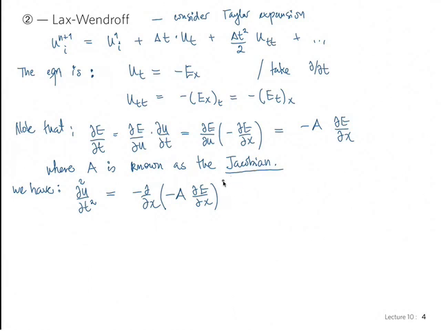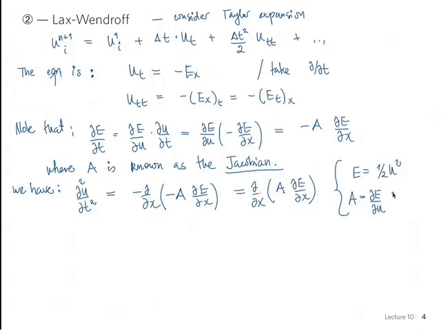Okay, of course, the minus cancels out, so d dx of A dE dx. In this case, we have E equal to 1/2 u squared, and therefore A, which is equal to dE du, is simply equal to u. That is for the case of the inviscid Burgers equation.